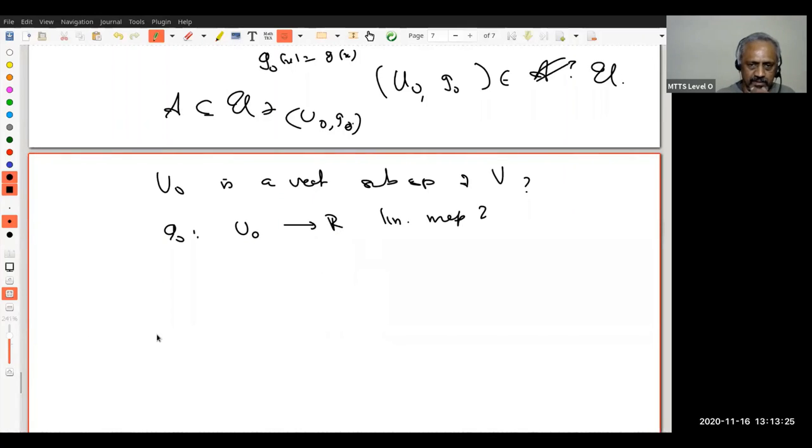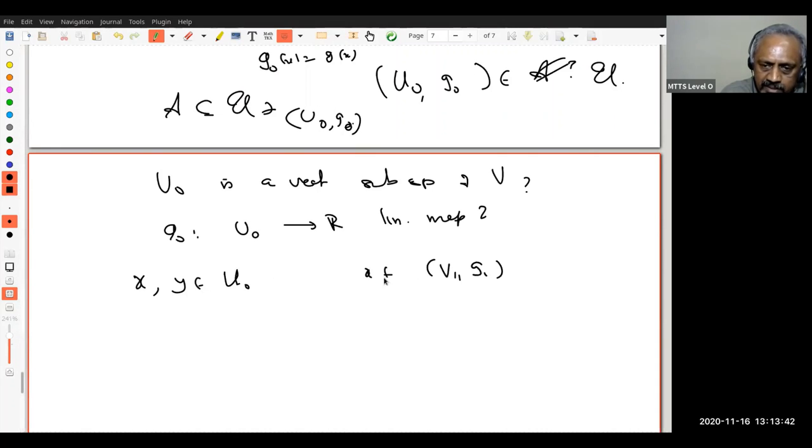These are all very easy, but if you are checking for the first time, start with any elements x and y in u naught. What does that mean? That means x belongs to some u1 g1, and y belongs to some u2 g2.